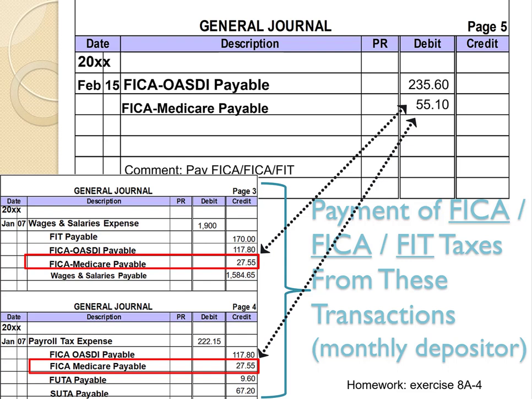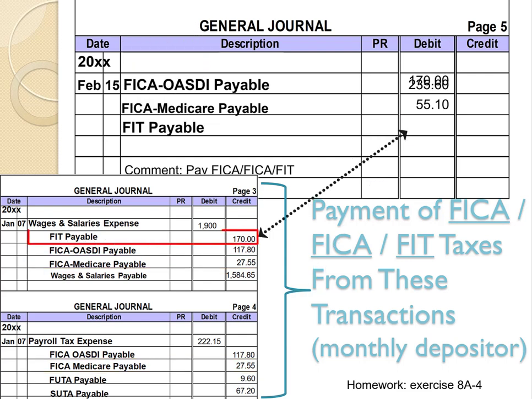And then, of course, we have to get rid of the FIT payable. That is $170. Then we're just going to add up those debits, and then we decrease cash by that amount, which is $460.70. So that is how to record the journal entry to pay FICA, FICA, FIT.